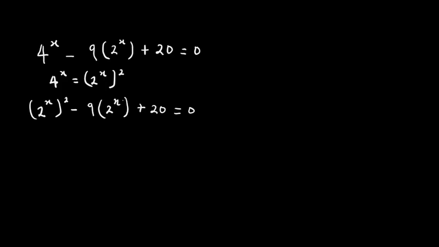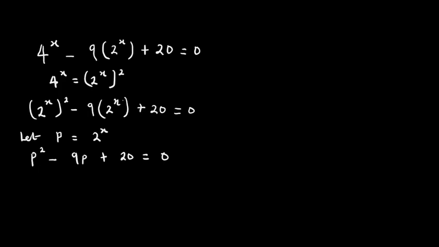So the next thing I'm going to do is we say let p equal 2 to the power of x. So I need to say p squared minus 9p plus 20 equals 0.